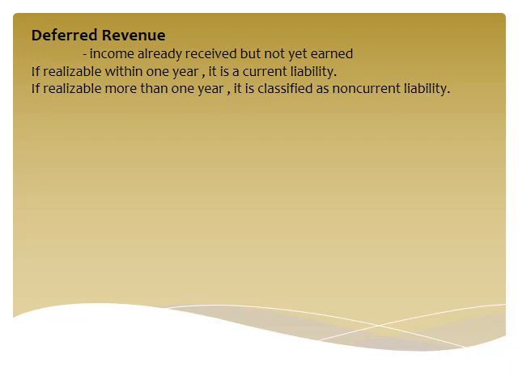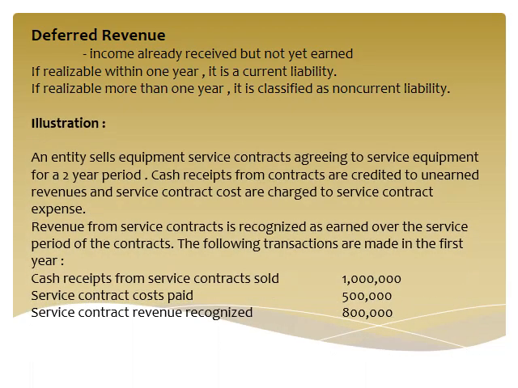So examples of deferred revenue are unearned income, unearned rental income, unearned interest revenue. So for our illustration, an entity sells equipment service contracts agreeing to service equipment for a 2-year period. Cash receipts from contracts are credited to unearned revenues and service contract costs are charged to service contract expense.